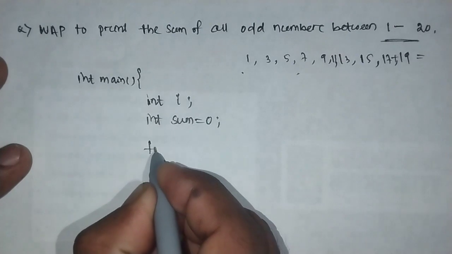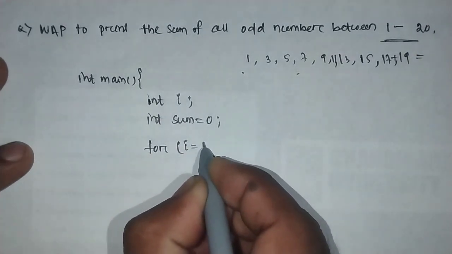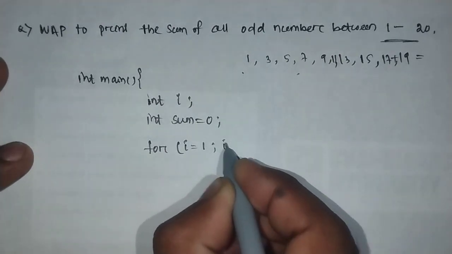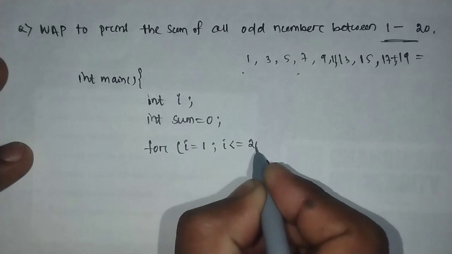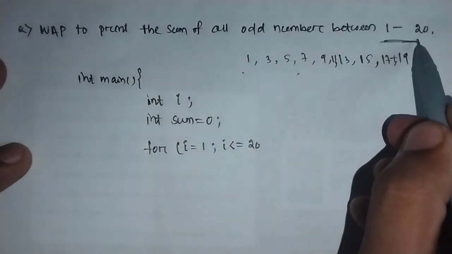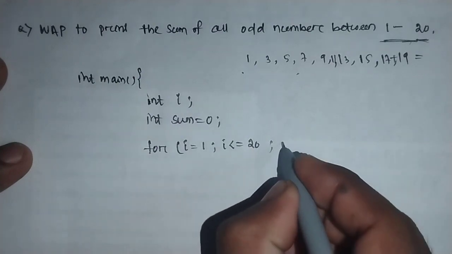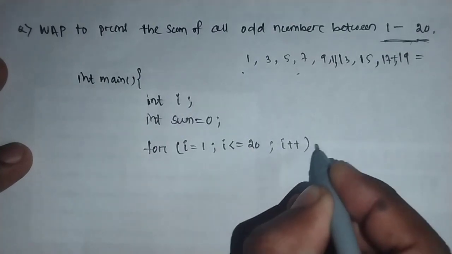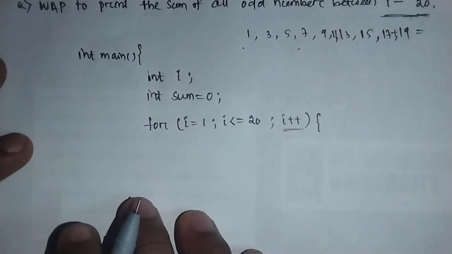Now I iterate a loop with starting value 1, and it will terminate at 20 because the end value is 20, and the increment statement will be there.